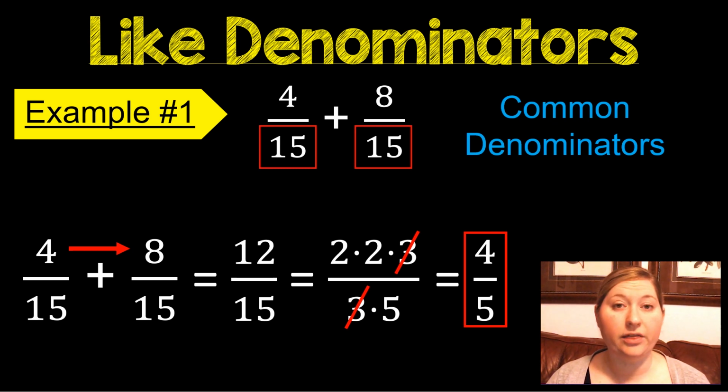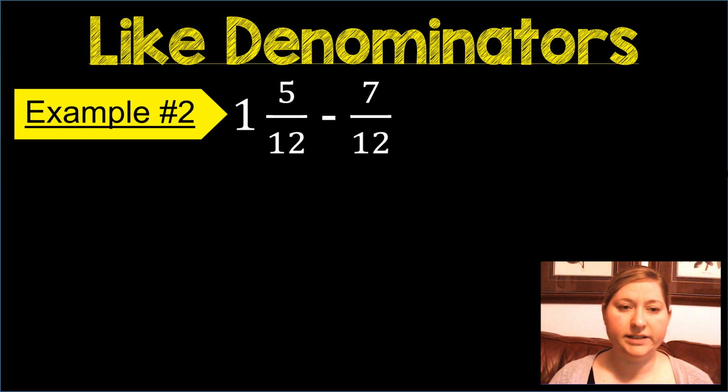All right, let's look at another example. Here's example number 2. Now, this one also has like denominators or common denominators. However, my first fraction is a mixed number, and I want to change this to an improper fraction.